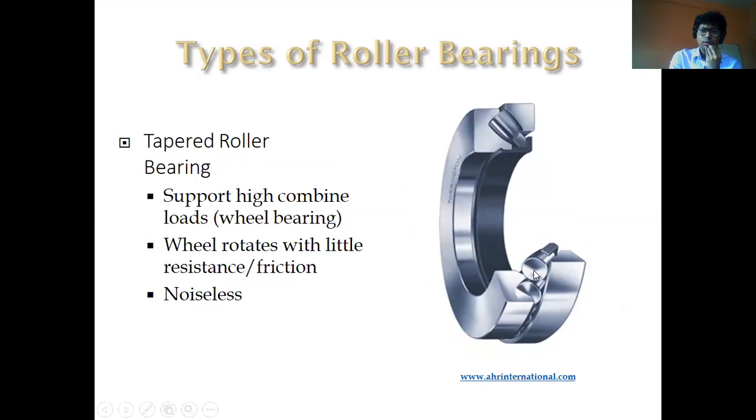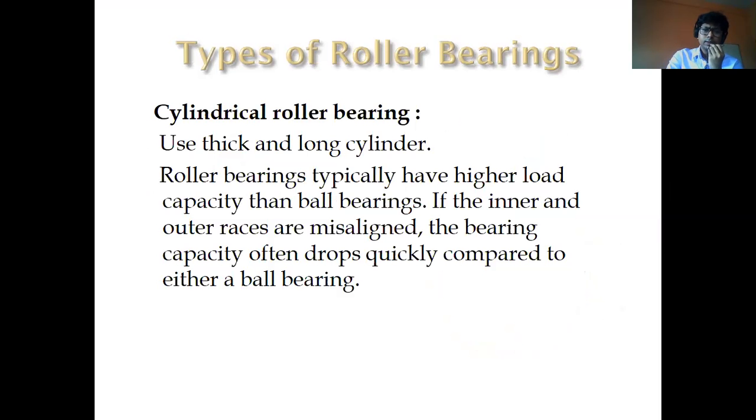Here all the rollers are placed in a taper position, so that some of the axial thrust load and some of the radial load, both components, can be borne together.